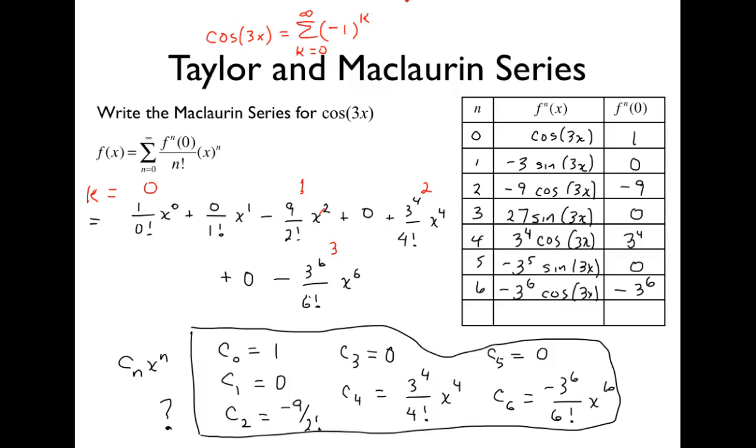So what will it be? 3 to the 2k over 2k factorial and x to the 2k. Check it with this one. Does it work for that right there? Sure. When k is 2, we get 3 to the 4th over 4 factorial, x to the 4th.